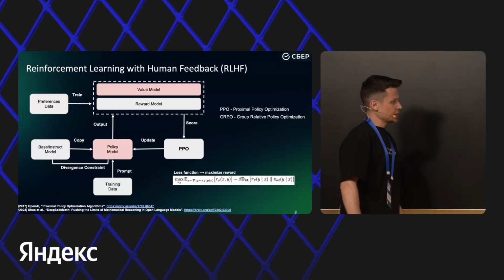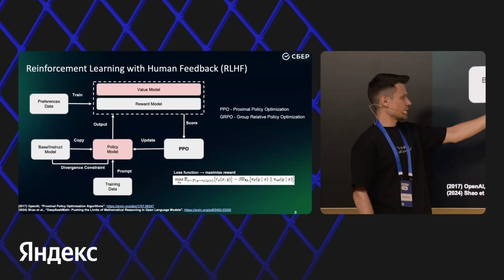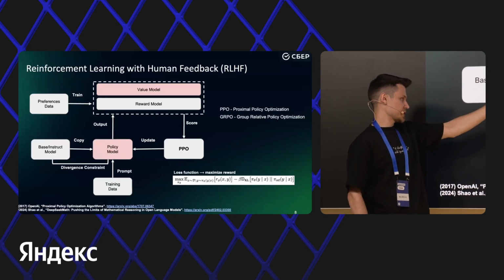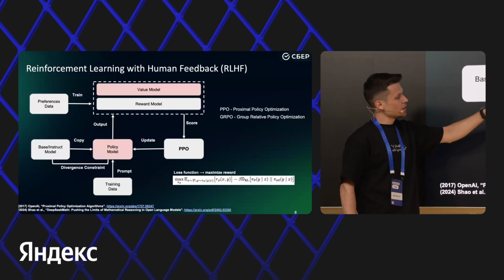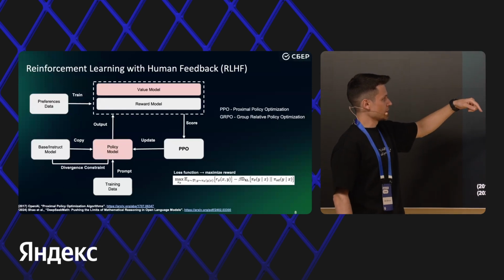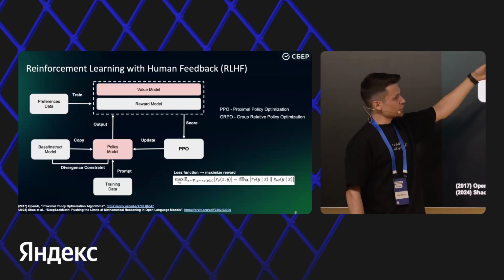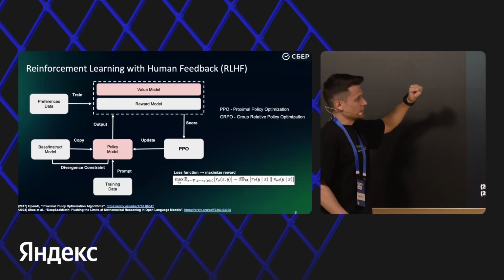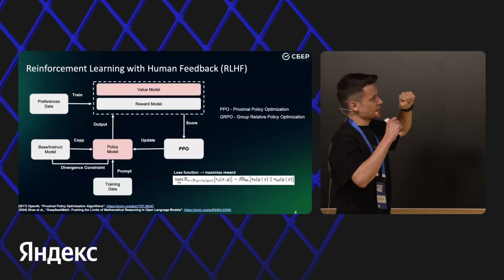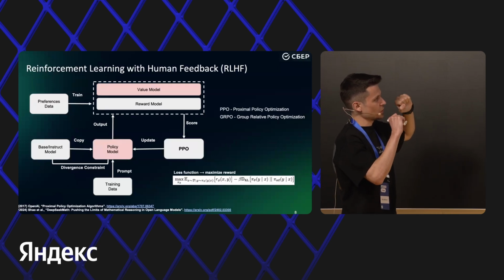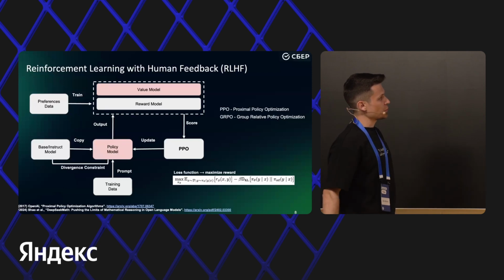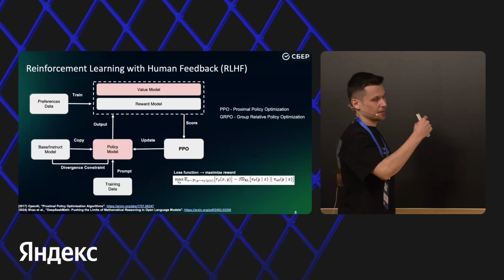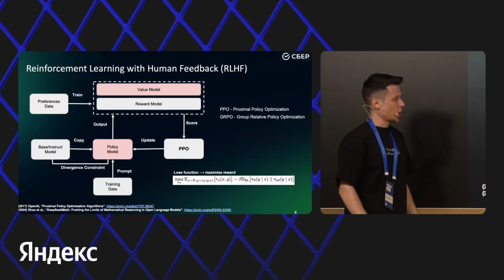For the given prompt, we send it to the policy model, and the policy model generates some output. The value model just estimates the expected reward, but let's not go deeply into the details. The value model and reward model together return the reward score of the output.